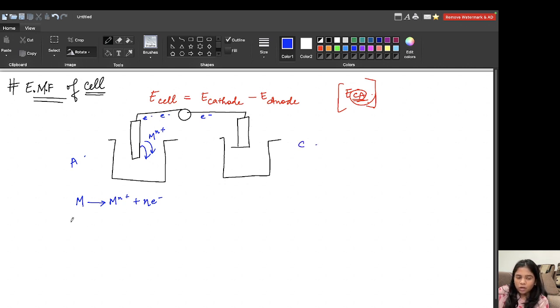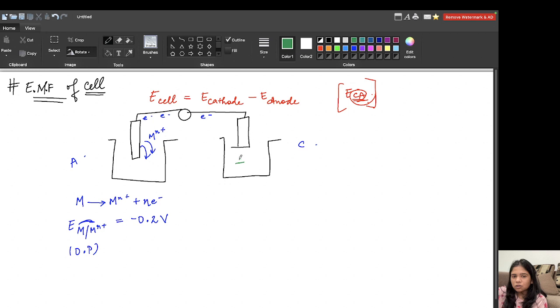So here what kind of electrode potential will you be getting? Oxidation potential, right? M is getting converted to Mn plus, and suppose they have given us a value of minus 0.2 volt. This is your oxidation potential, because here you can see oxidation happening. Here your reduction will happen, right?